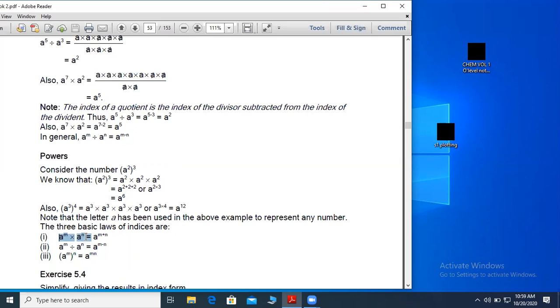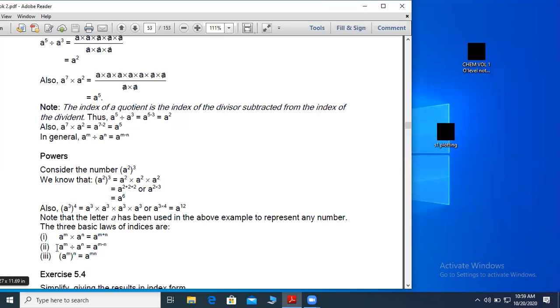If we are multiplying indices that have the same base, A is any number, M is the power, N is the power. So we write one base, which is A, and we add the powers, so it becomes M plus N. And we find out what it gives us if M was known and N was known.